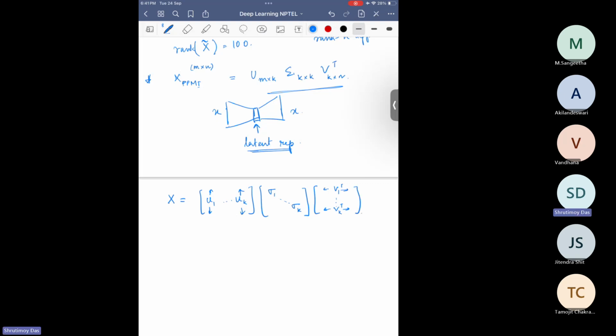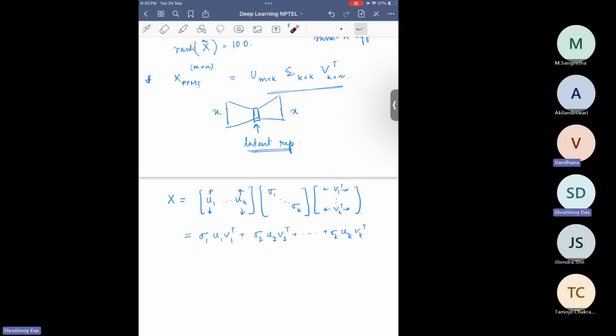And if we do a bit of manipulation, we can actually write it as sigma 1 U1 V1 transpose plus and so on. You can actually write it like this. Suppose now I want a rank 1 approximation, I'll just say that this is the rank 1 approximation.